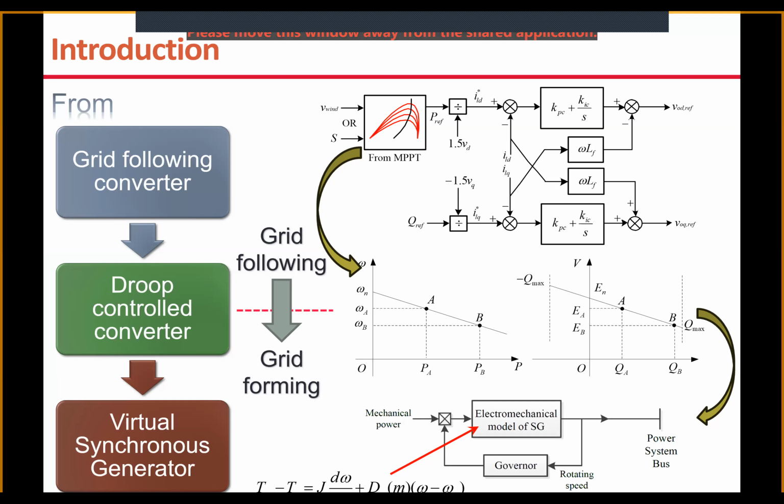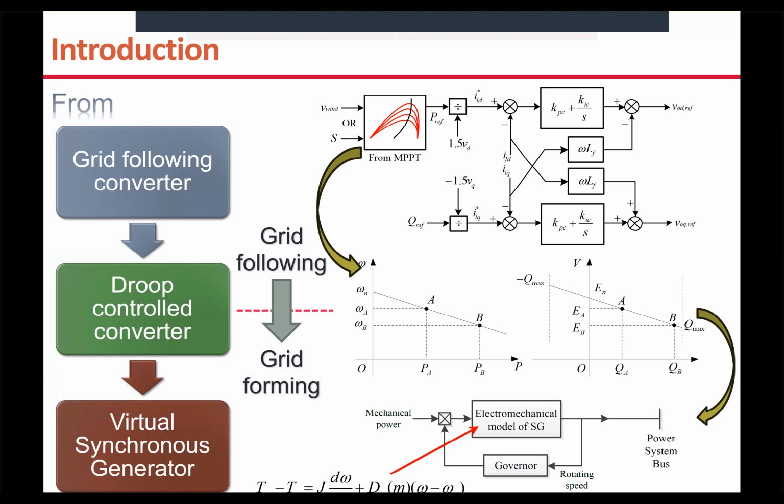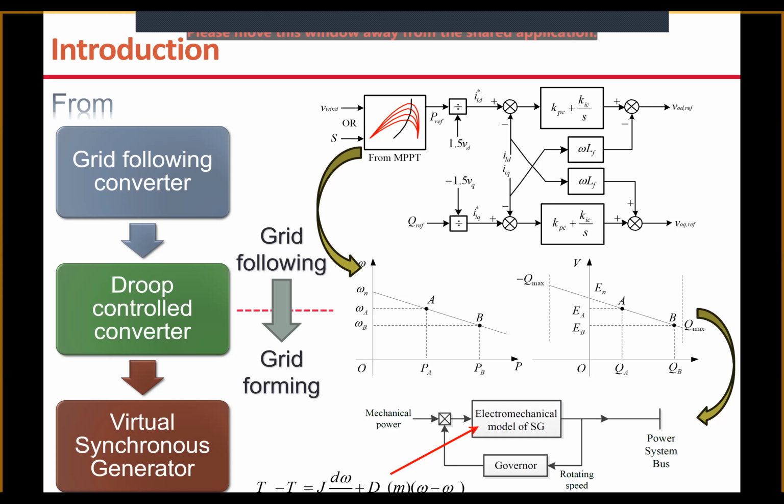But pure droop control does not provide inertia, right? So in recent years, people have proposed what we call virtual synchronous generator. A virtual synchronous generator can provide emulated inertia to mimic the traditional synchronous generator.